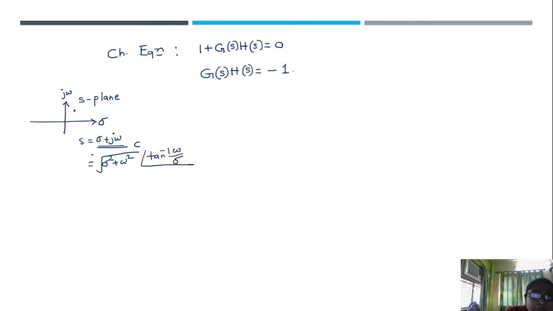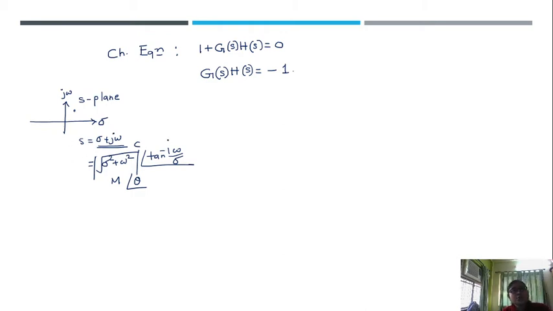In polar form, we get the magnitude and the argument or the angle. In Cartesian form, we get the x-axis distance as well as the y-axis distance, that is, sigma, the real axis distance, plus j omega, the imaginary axis distance.